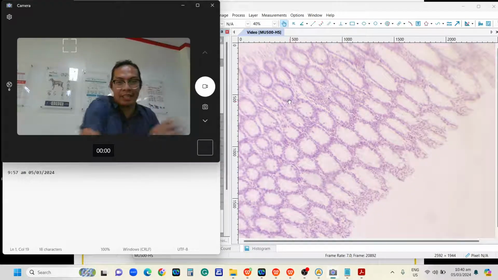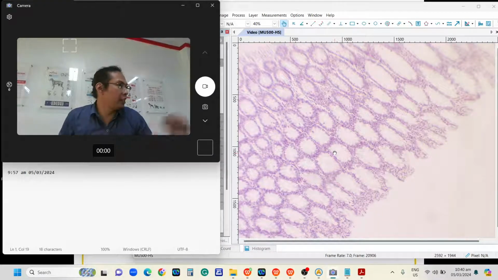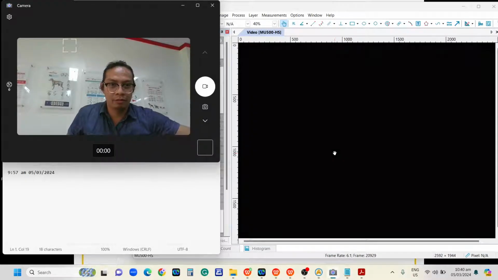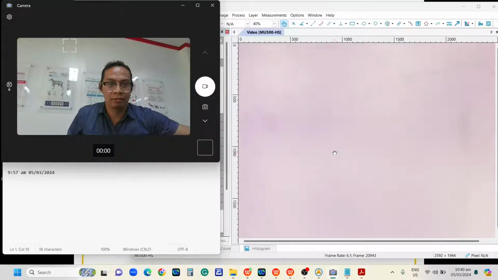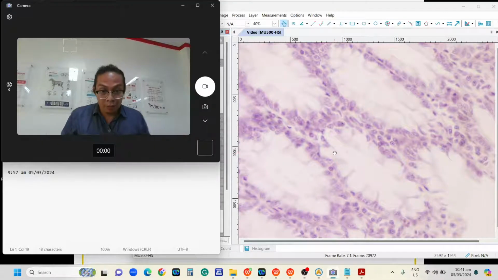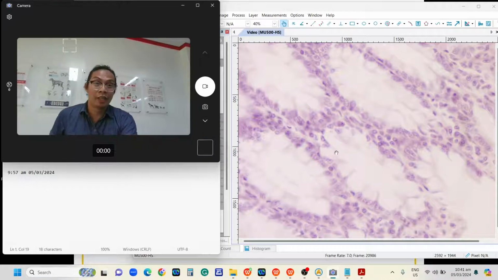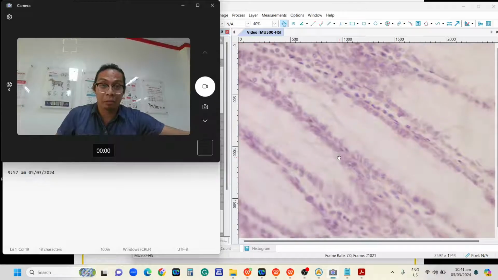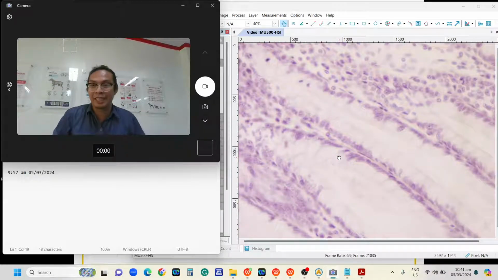All of that, let's look at it under high power objective. All of them are goblet cells. So this large intestines is actually capable of secreting more mucus than that of the duodenum.